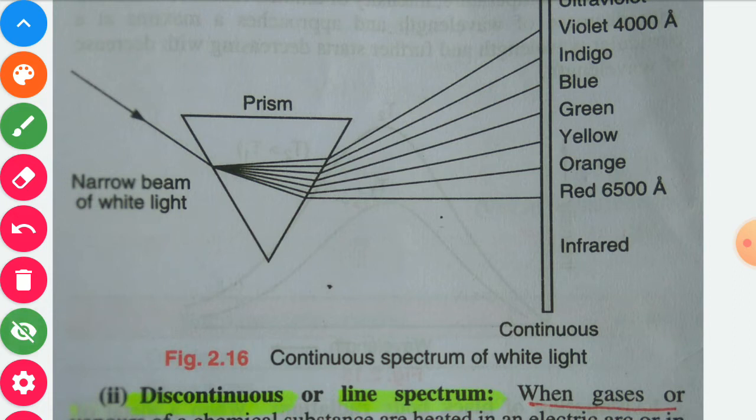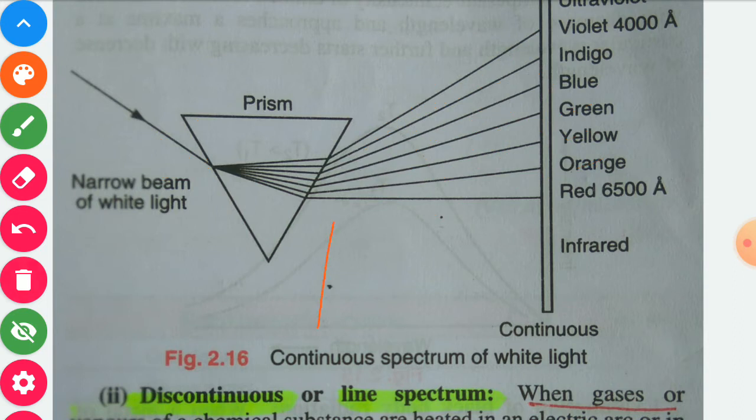When white light passes through the prism, it separates and gives different color lines. These lines are called spectrum. Lines of different colors are called spectrum. In the continuous spectrum, no separation between different lines is found.